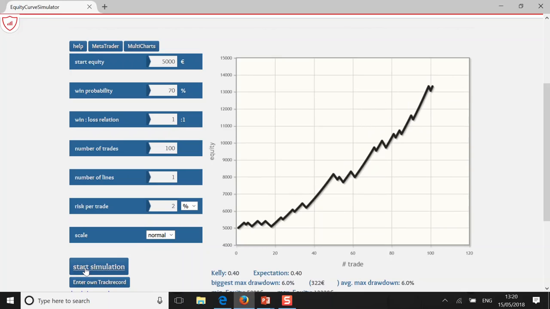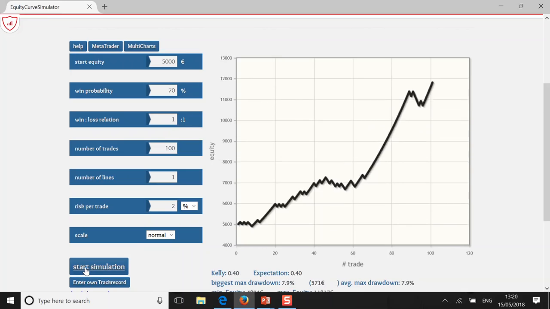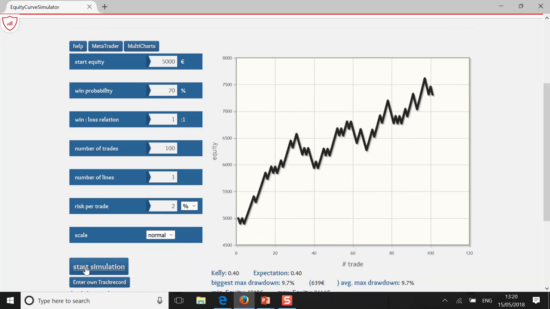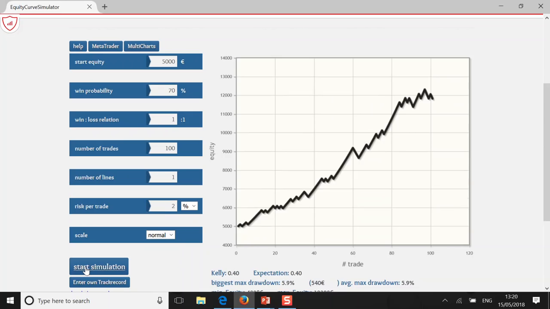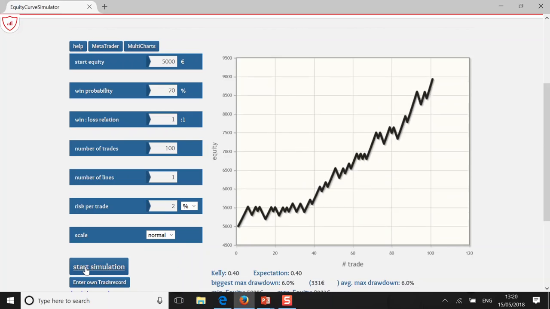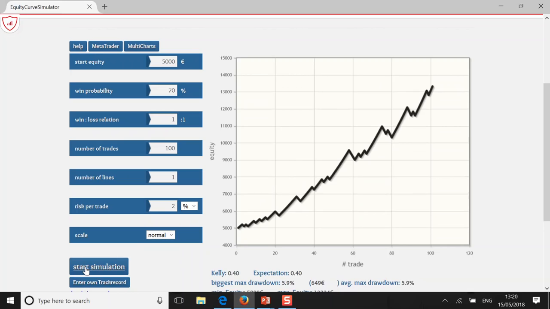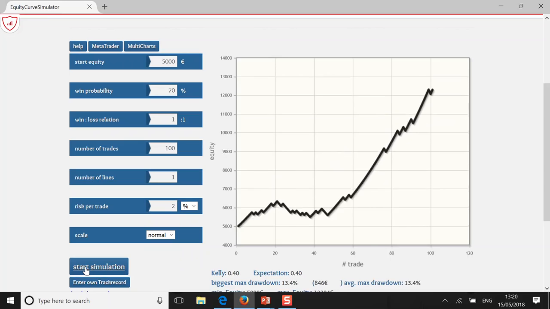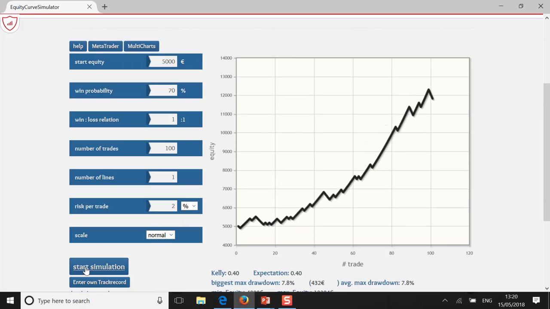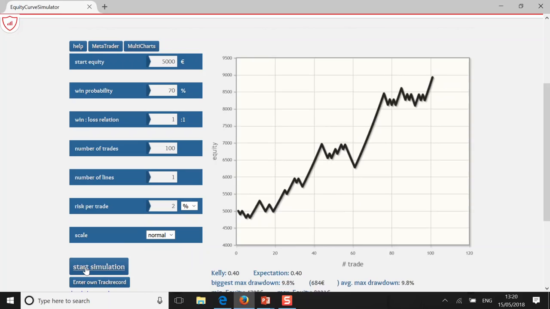So with a reward to risk of around 1-to-1, you can see that most of the time it is an upward sloping equity curve. Most of the time it doesn't generate as much as a lower win rate would, where I was doing 55% with a 1.8-to-1, but the profit potential is still pretty good.